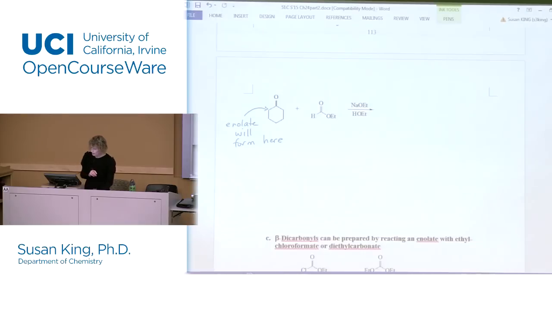And it turns out if you're comparing reactivity, this is a formic ester, and the formic ester is actually more electrophilic. So this has no enolizable hydrogens. And it's especially reactive because it's a half aldehyde.